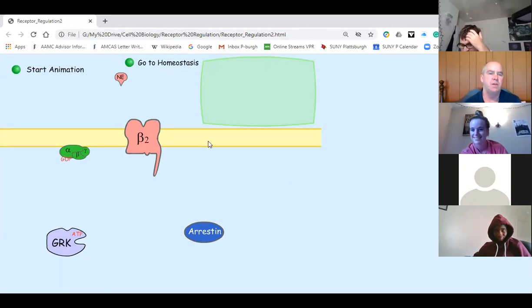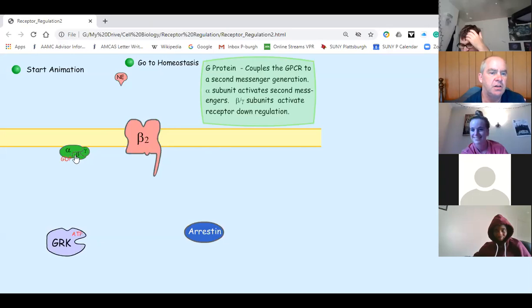But anyway, here's our receptor. In this case, I'm calling it beta 2, doesn't matter why. Here's our neurotransmitter. Here is the G protein. Now, when I said G protein in the last class, I just made it one circle, one protein. It's actually 3 proteins. Not that important at your level right now. Just think this is the G protein.